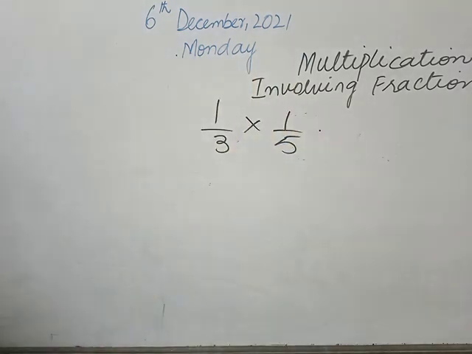Now in this case class, we already have two fractions. So it is a very easy case. इसमें हम क्या करेंगे? Simply हमारे पास दो fractions हैं. We will apply the rule of multiplication, which is numerator multiplied by numerator and denominator multiplied by denominator.